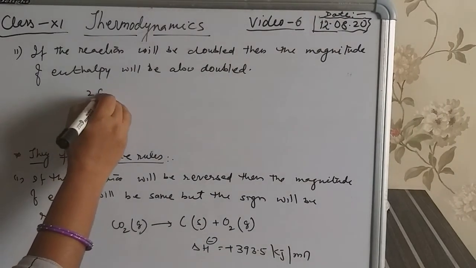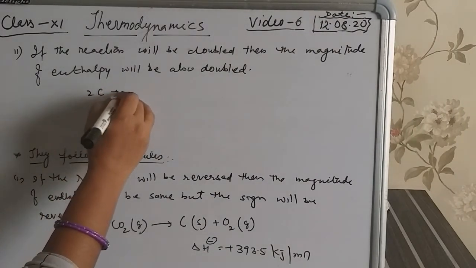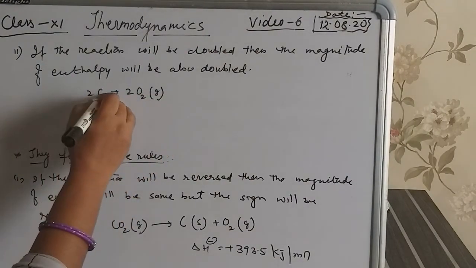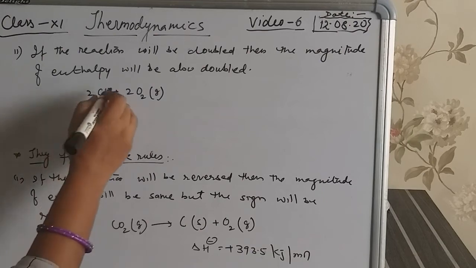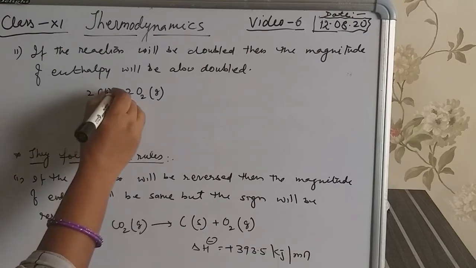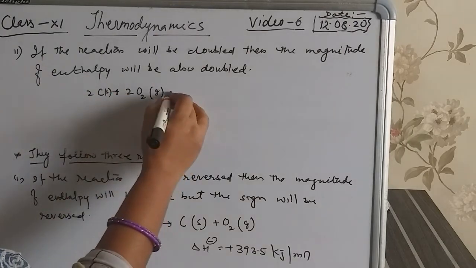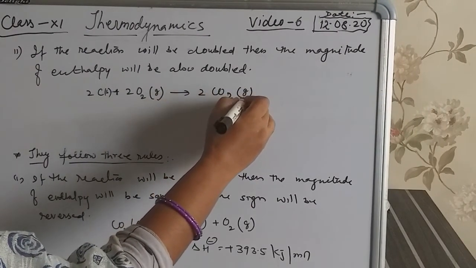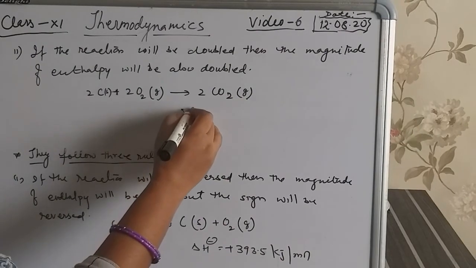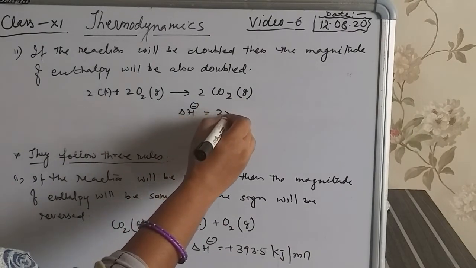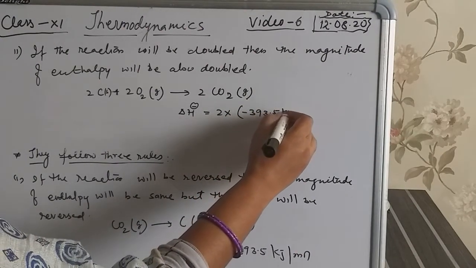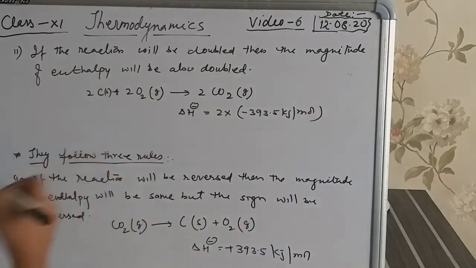For example, we take 2 moles of carbon and 2 moles of oxygen. This is the gaseous state and this is the solid state. So formation of 2 molecules of carbon dioxide. So del H is 2 into minus 393.5 kilojoule per mole. This is the second rule.